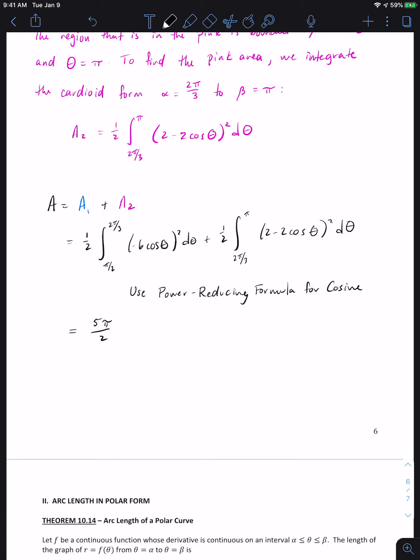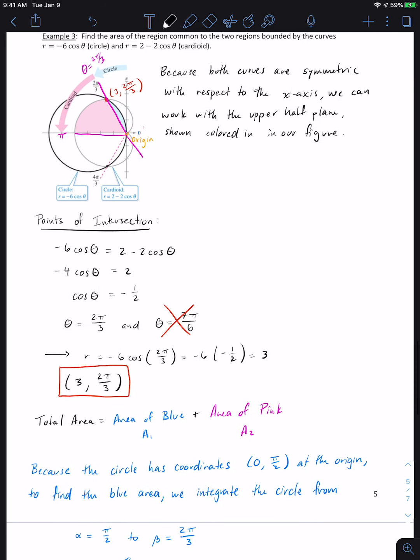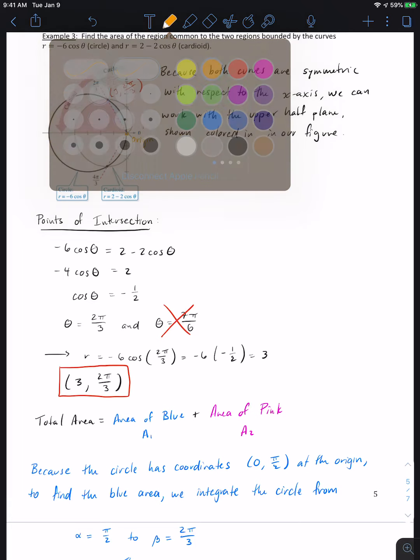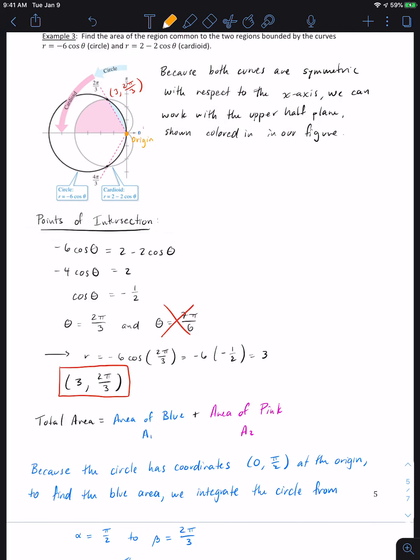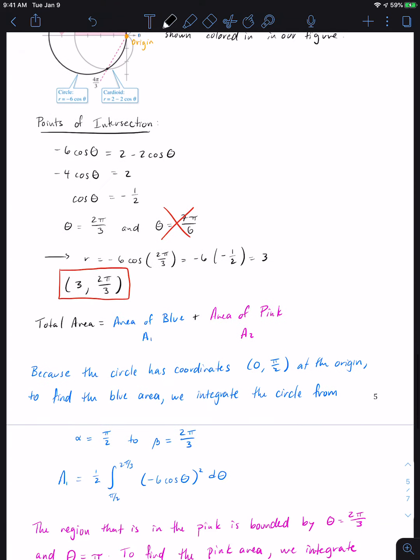But are we done? Unfortunately, we are not. Remember, we just found the area that's colored in, but we needed the total area, which is the area that's colored in plus this, which we knew is symmetric about the x-axis. So in other words, we just need to multiply that by 2.